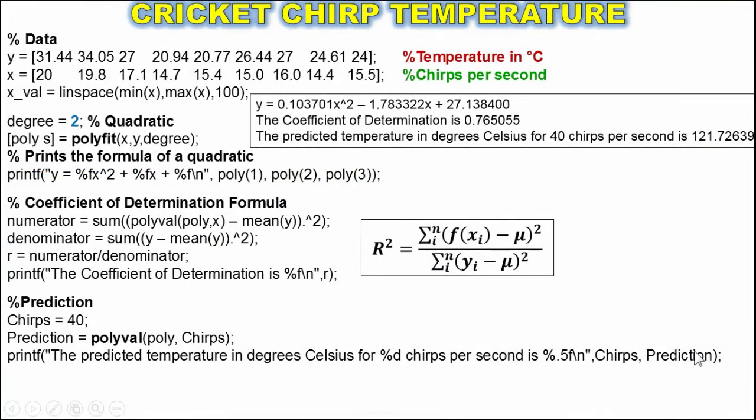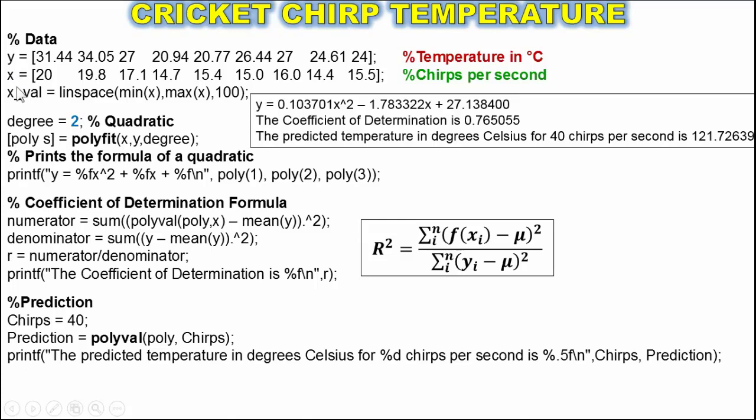The following codes are taken from the laboratory hands-on activity number 7 of the laboratory manual. The following GNU Octave codes will model the cricket chirp temperature using quadratic regression if it will fit. The variable y is a matrix containing the measured actual temperature in degrees Celsius.